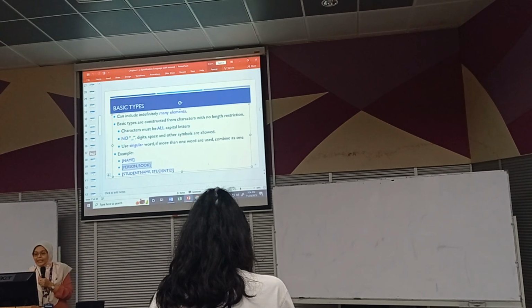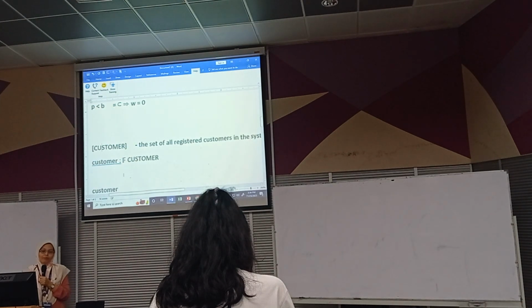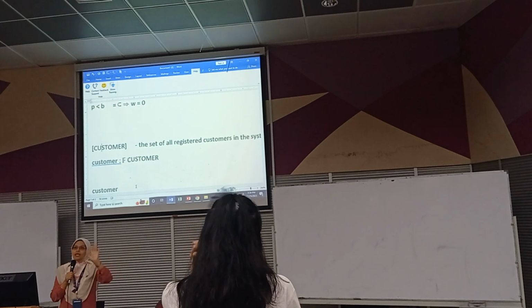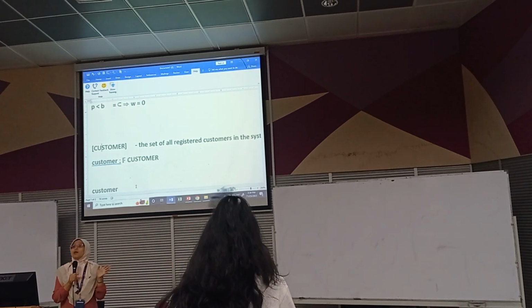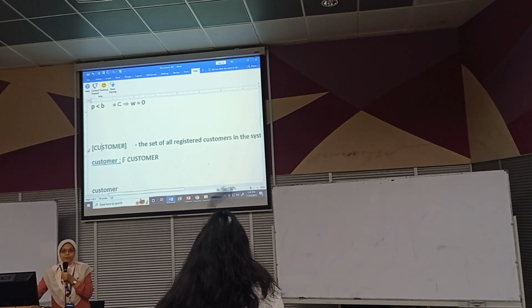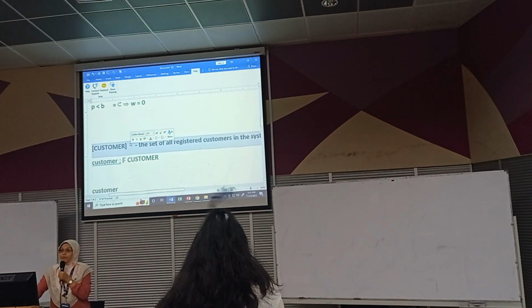When you do individually like this, maybe your friend needs to use customer also. Then you don't have to duplicate. It means that you put customer here and your friend also puts customer. No, because it's global. Global means everybody can use the same thing. So just put customer. One is enough. So global, so this is customer. So this is basic type.